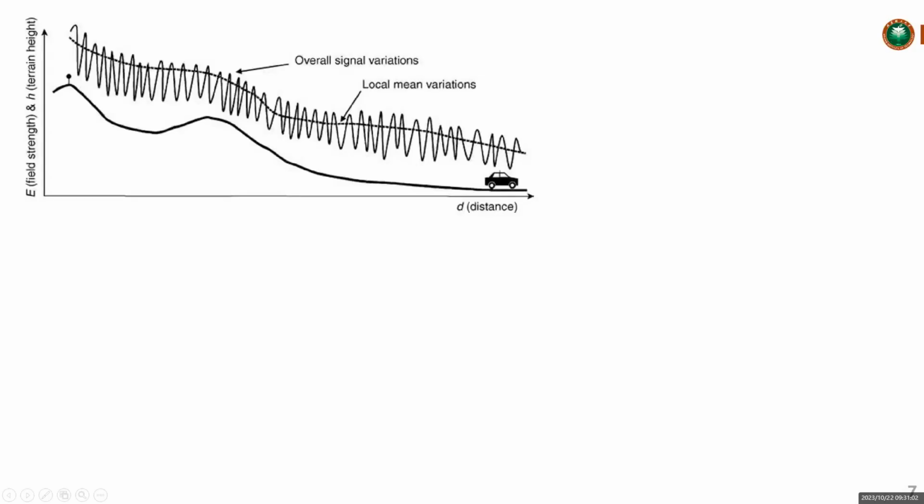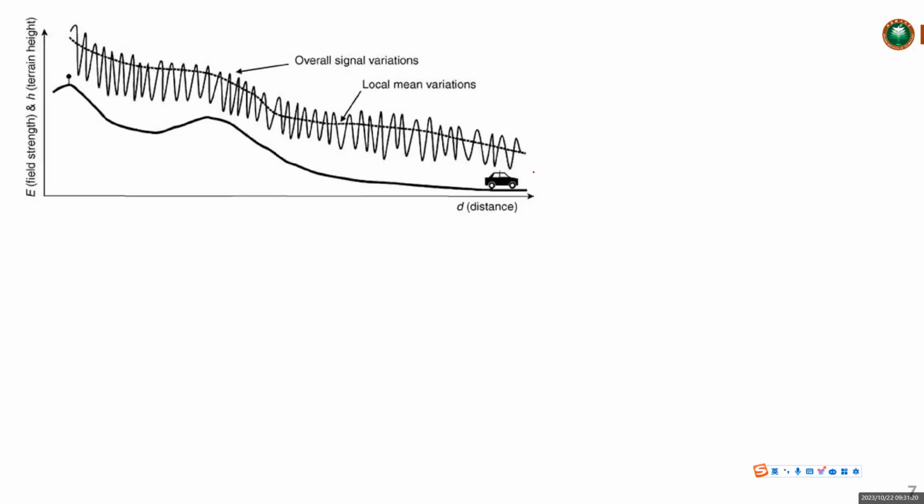From this plot, we can see that there is a base station here and the mobile station moves along this line to here, okay? And the received power or the field strength varies with respect to distance, okay?